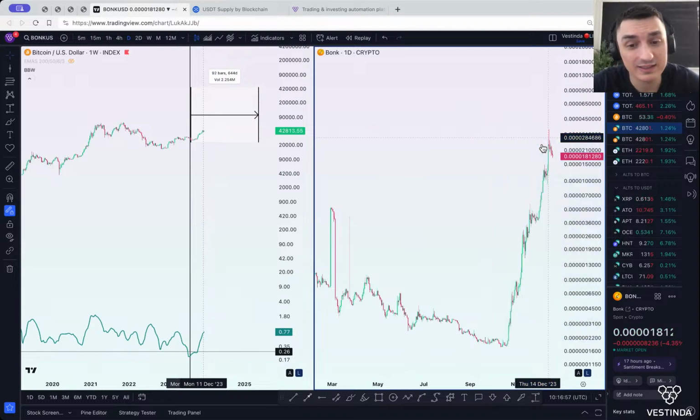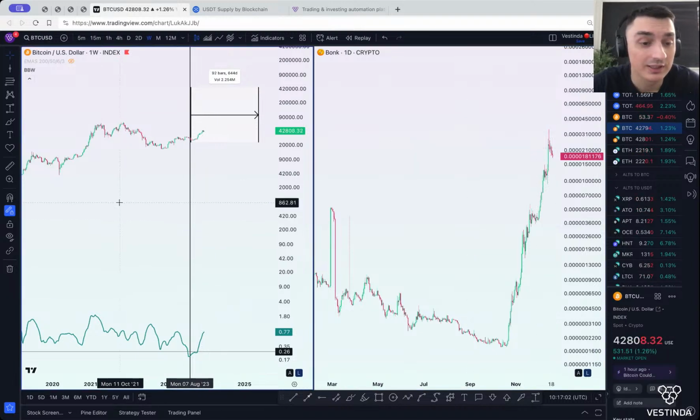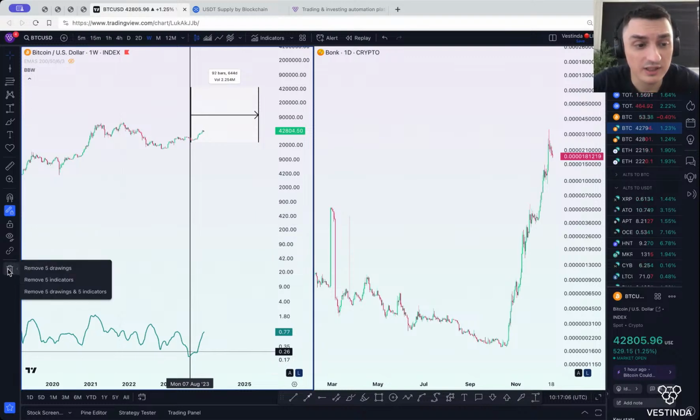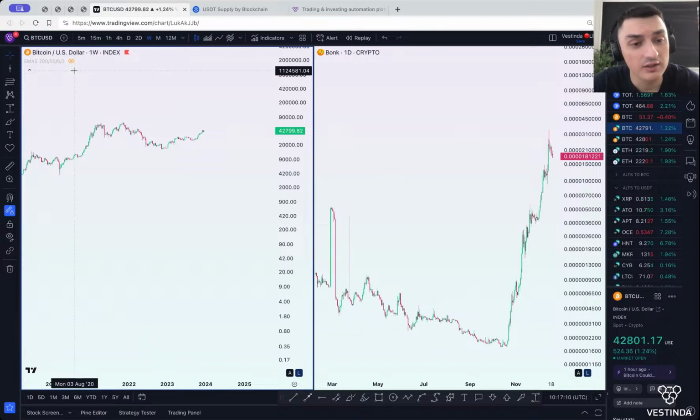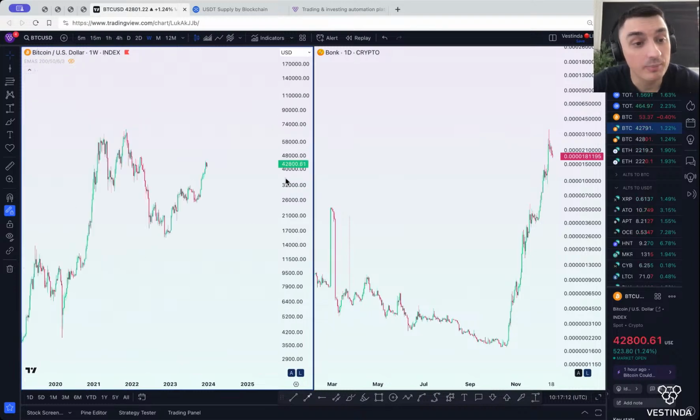Well, these are kind of insane numbers, but we already experienced the same price behaviors on Bitcoin and on other meme coins in the past.